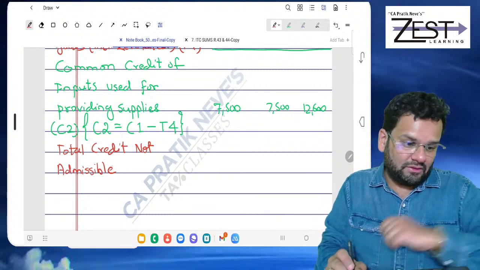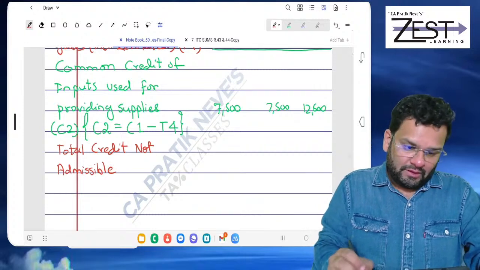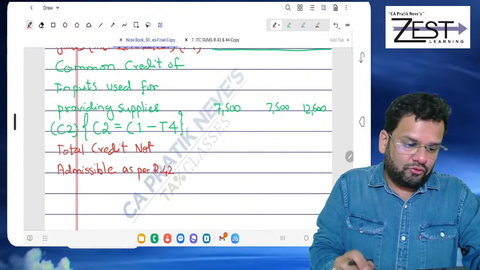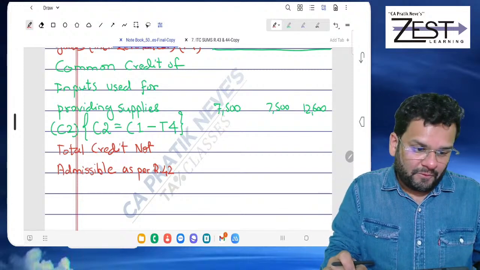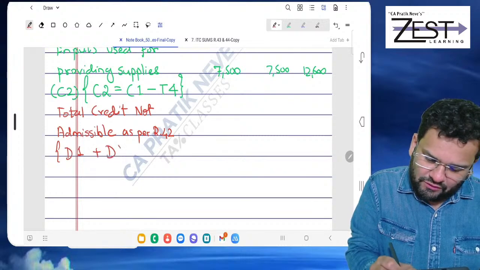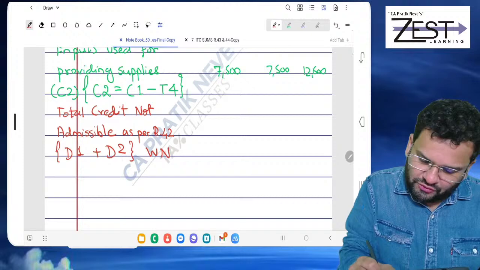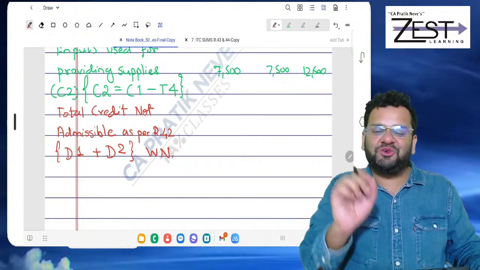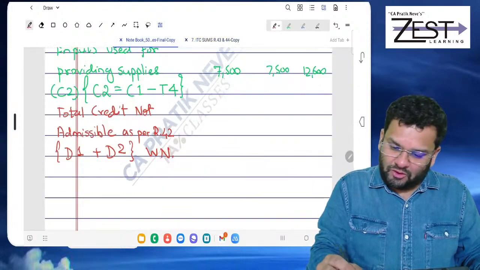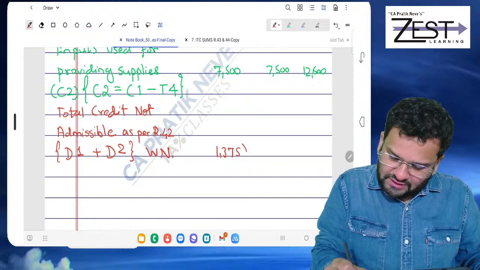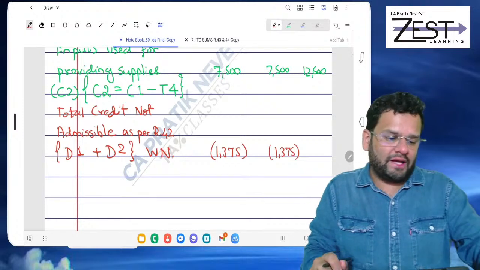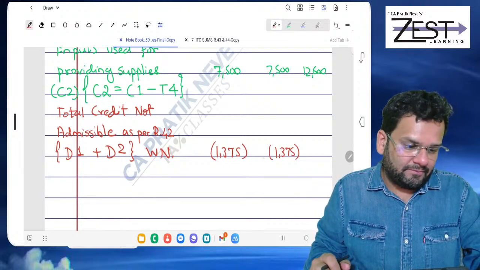So total credit not admissible as per rule 42, which is D1 plus D2, for which we are going to do working note. Already you know that it is 1375 for this and 1375 for this. You don't know for IGST, so leave it blank.